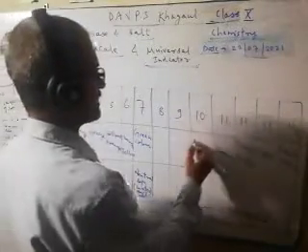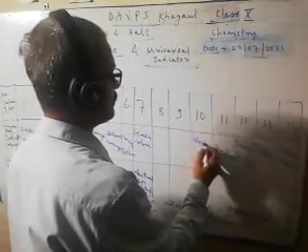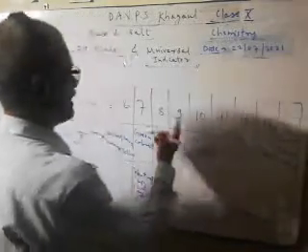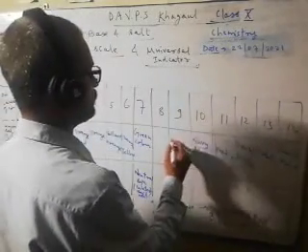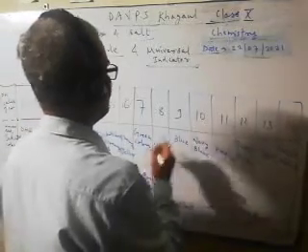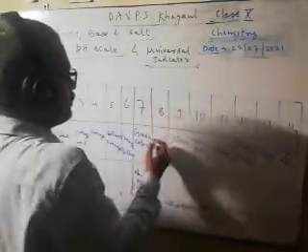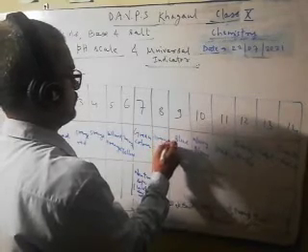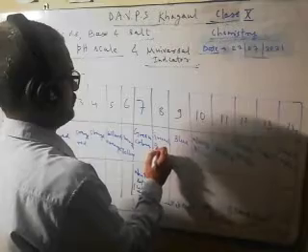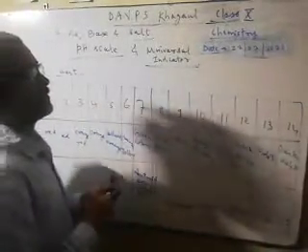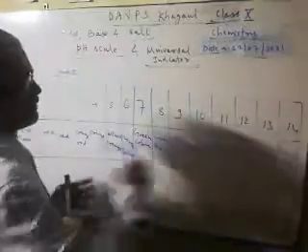For 10, it is navy blue. For 9, it is blue. For 8, it is greenish blue. So you can see these are the color changes for basic solution.